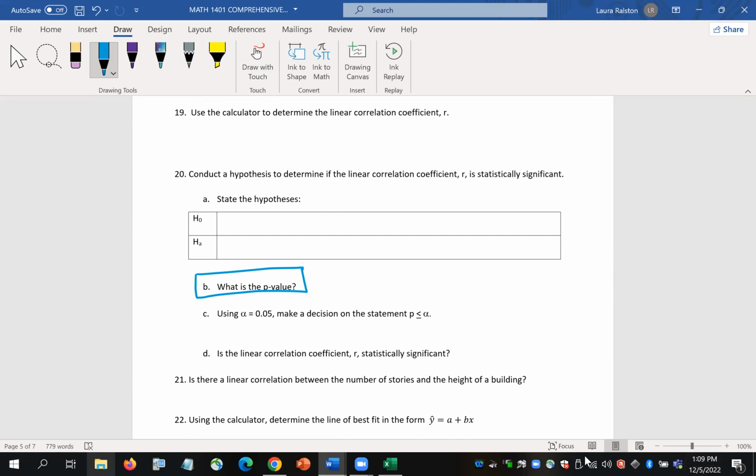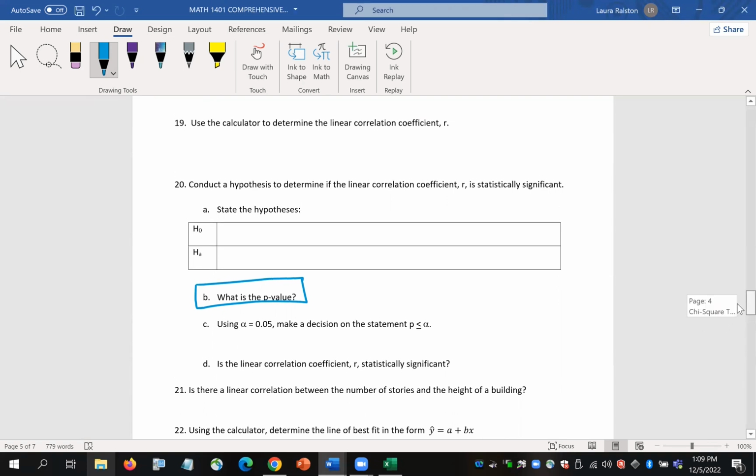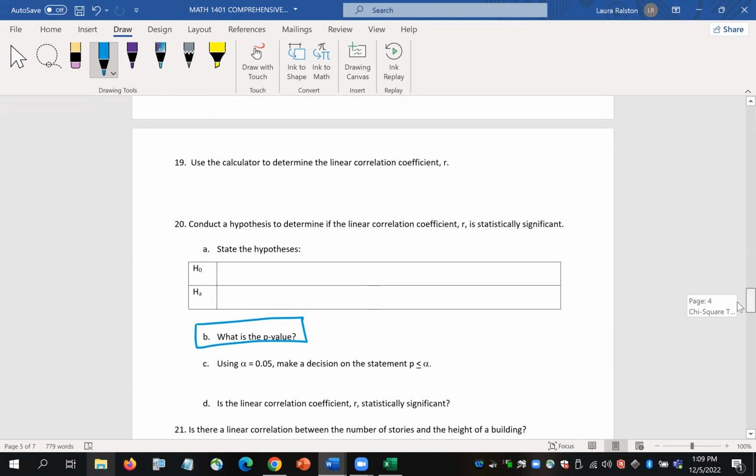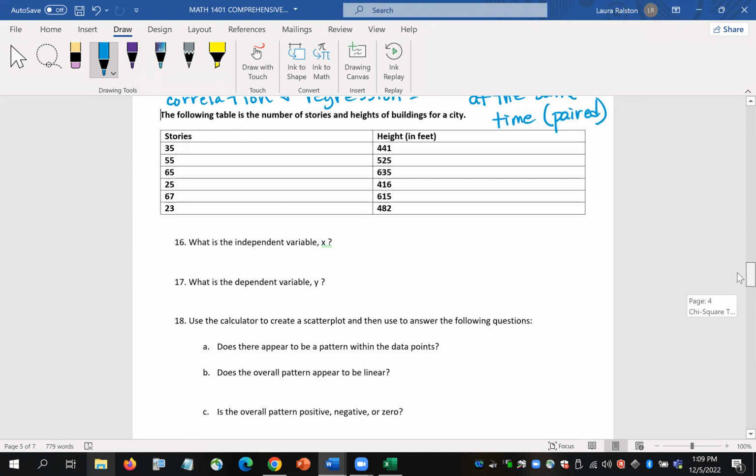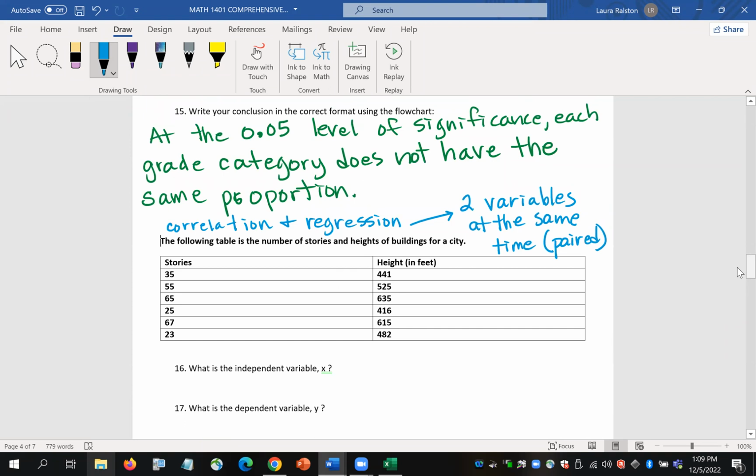And a student pointed out that there are two different places where the p-value occurs when you look at the printout. And so that may be confusing to some of you. So let me see if I can, without having to work the whole problem, make sure that you're reading the correct information from Minitab. But I'll carry this data over.